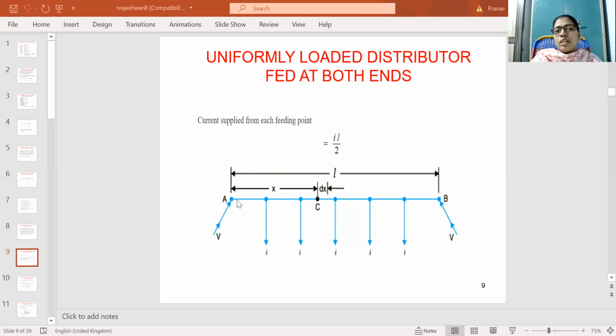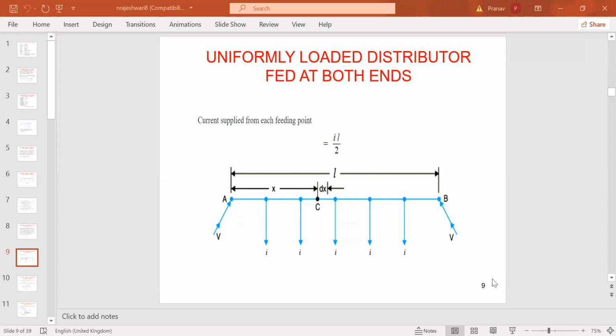This is the circuit diagram shown in this figure, and feeding points are A and B. The voltage at the two feeding points A and B is equal to V, and the currents at the loads are equal currents, small I. A and B are the two feeding points, and C is the midpoint.